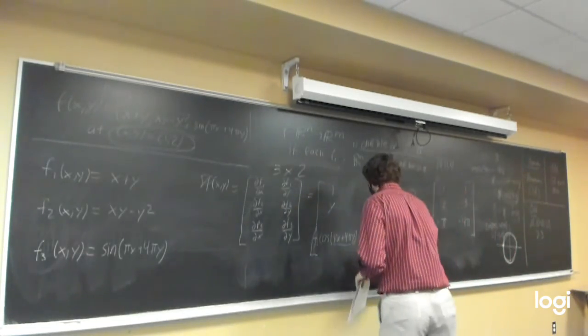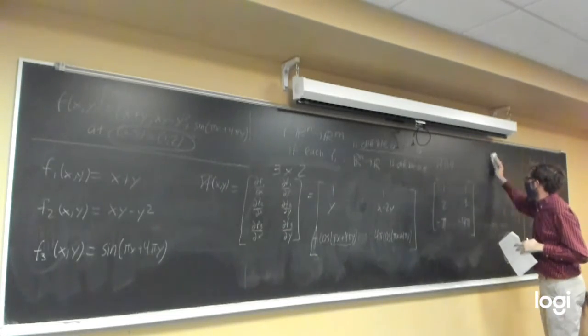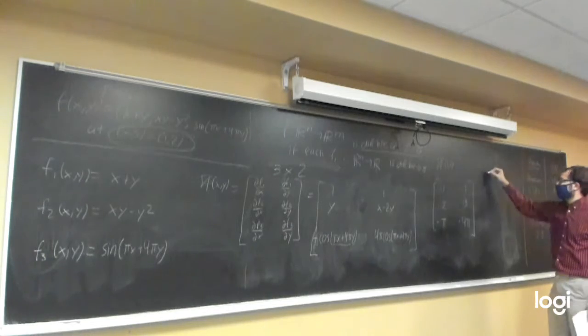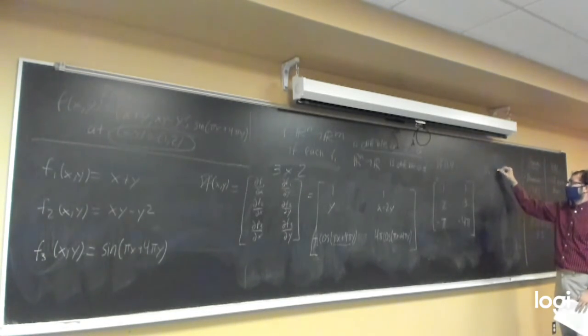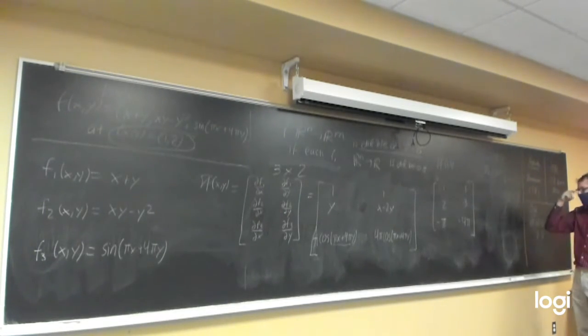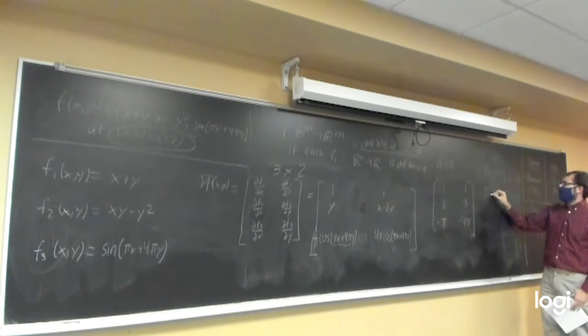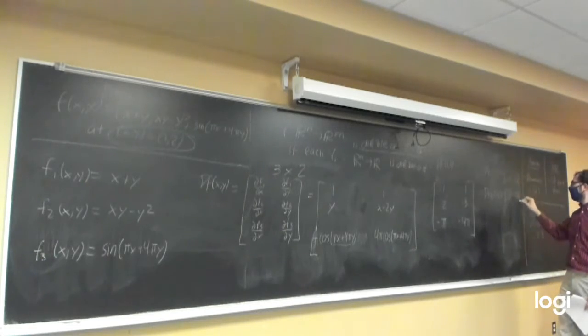If you notice, by the way, each one of these rows of our derivative matrix is just going to be the derivative matrix of one of our component functions. So the derivative of f1 evaluated at 1, 2 is 1, 1. The derivative of f2 evaluated at 1, 2 is 2, negative 3.